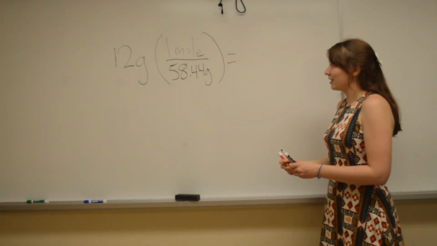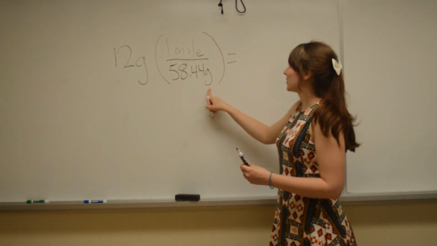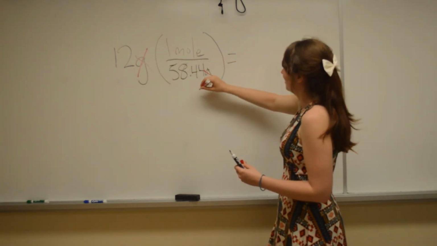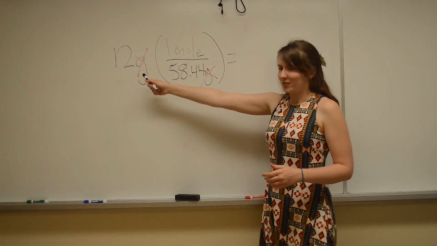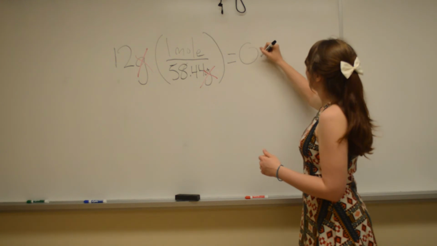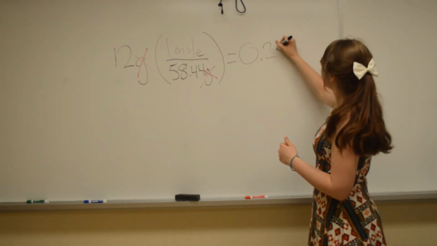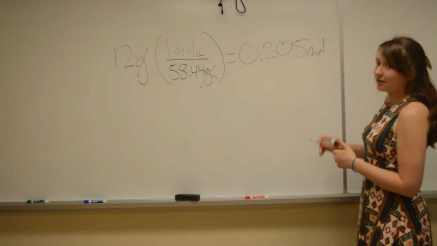We can see again here, our units will cancel out with grams on the top and grams on the bottom. They cancel, and you're left with the units of moles. When we do it with the numerical calculations, we're left with 0.205 moles of sodium chloride.